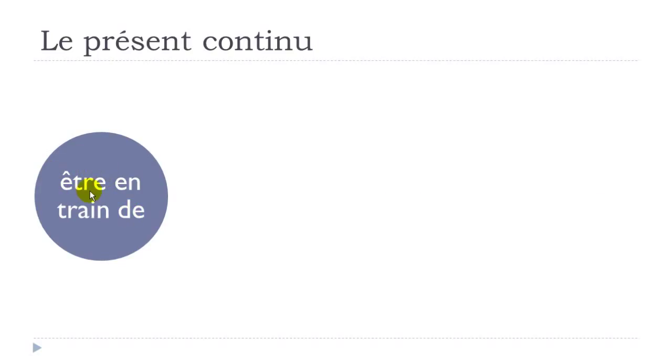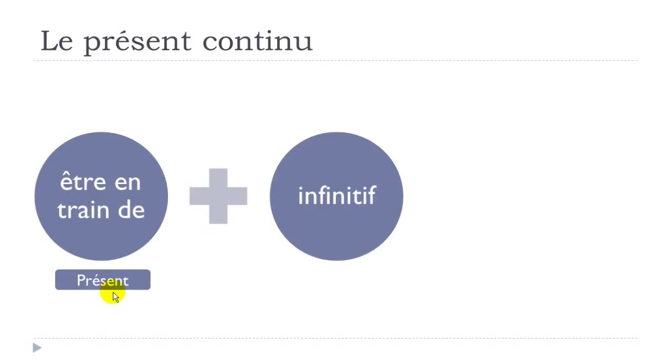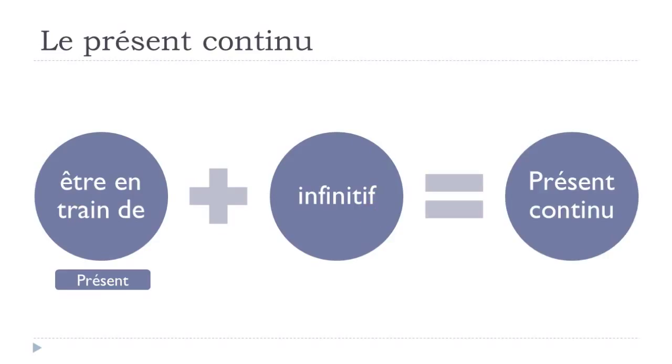Okay, and this structure should be obviously at the present tense. All right, so you should conjugate your verb être here at the present. Okay, then you will put the verb that you want to use in your structure. This verb should be at the infinitive form, so the basic form of the verb. Okay, and it will give you this présent continu.